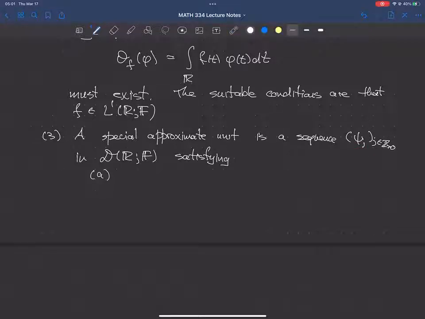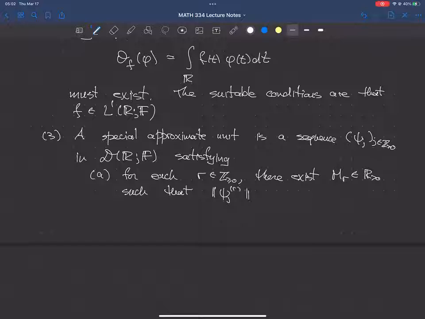So for each r, there exists a positive number m_r such that the infinity norm of the rth derivative of psi j is less than or equal to m_r, and this is true for every j.